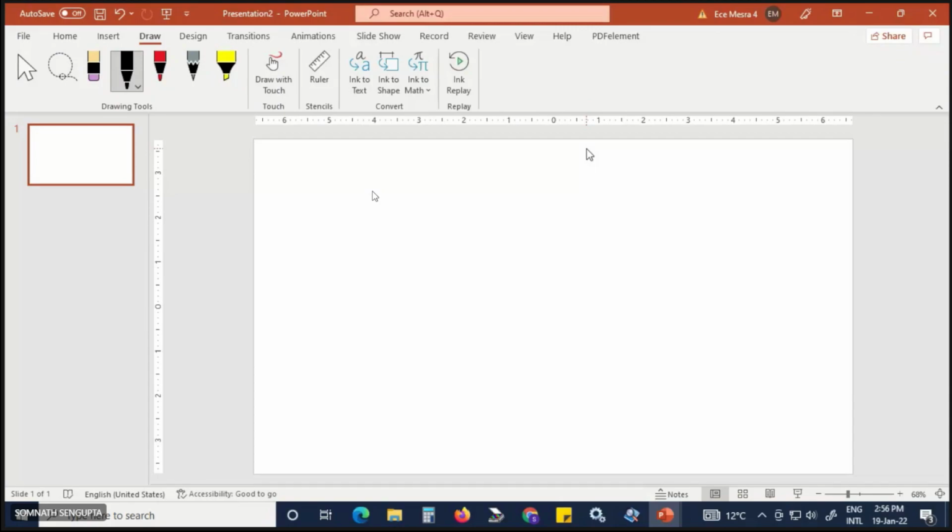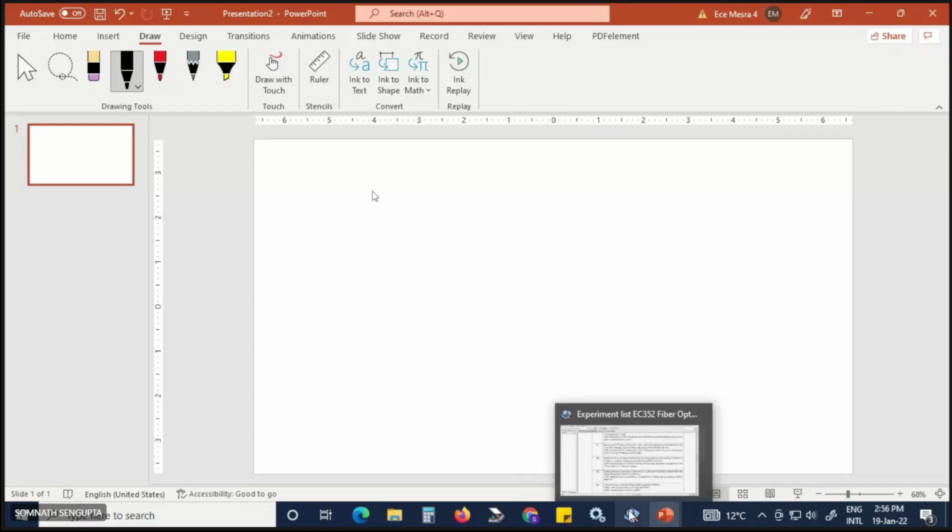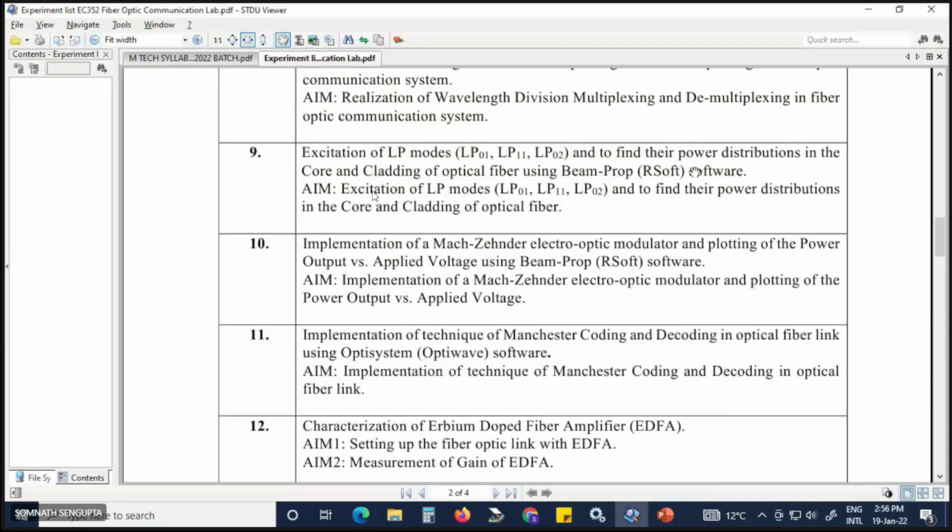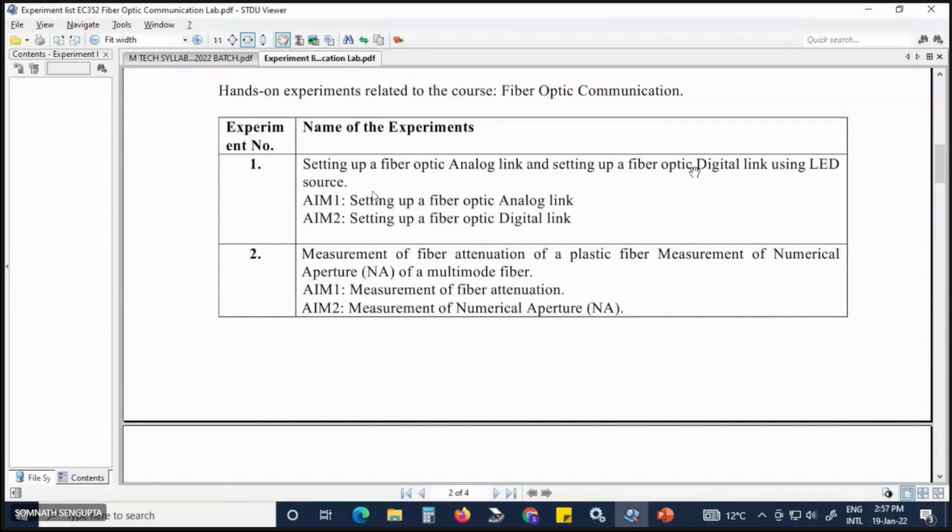So you can do that experiment yourself, and the same thing is done in the lab also. Okay, so let us start. Let us give some basics related to optical fiber communication. This course information sheet I will upload in the Team's file. You can see the list of experiments.